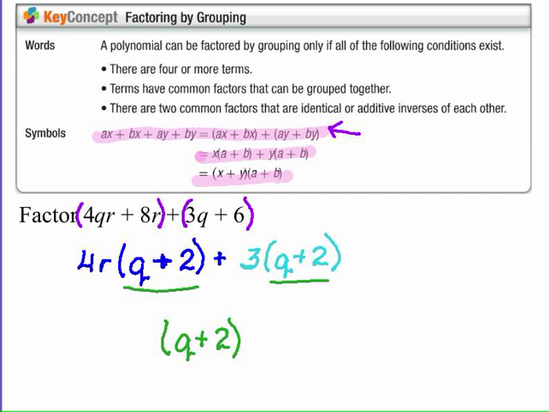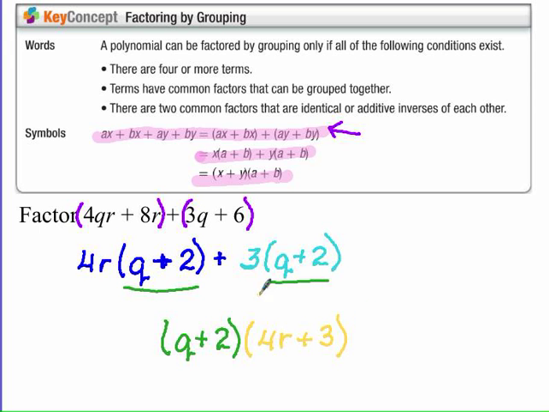Can somebody, just for kicks, guess what the other factor will be? What do you think the other one would be? 4r plus 3? Nice job, that's exactly right.